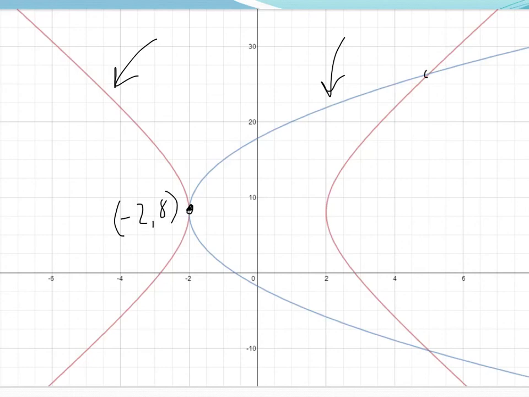And the other 2 occur one above the other, both at an x value of 5. And the first one is 8 plus 4 times the square root of 21, and the other one is 5 comma 8 minus 4 times the square root of 21. So you can see that our algebraic method of solving is confirmed by the graphical method.